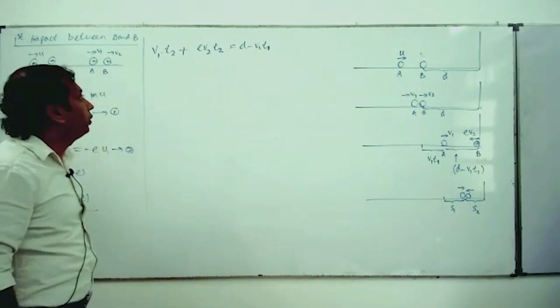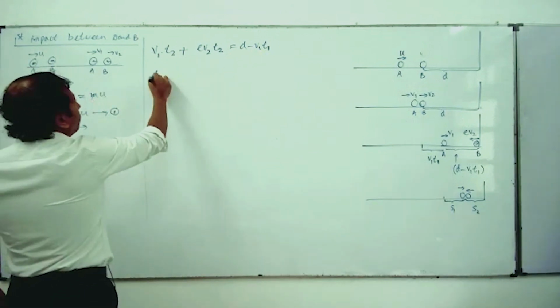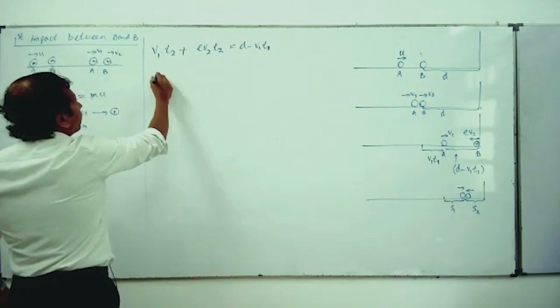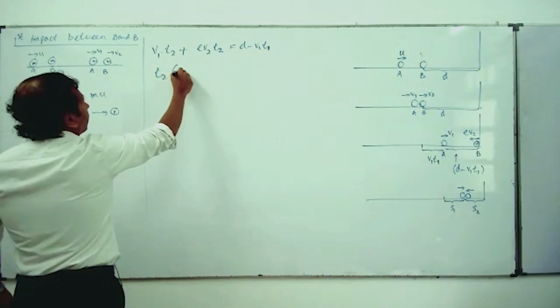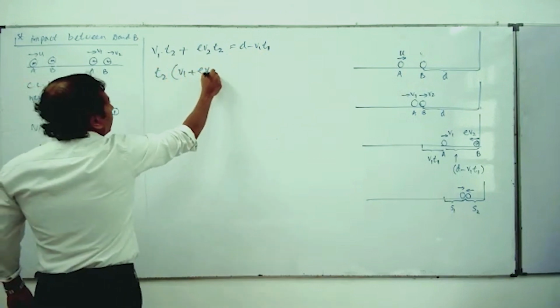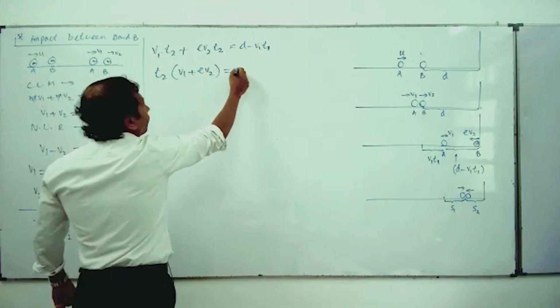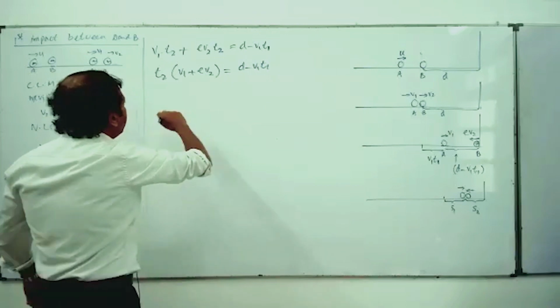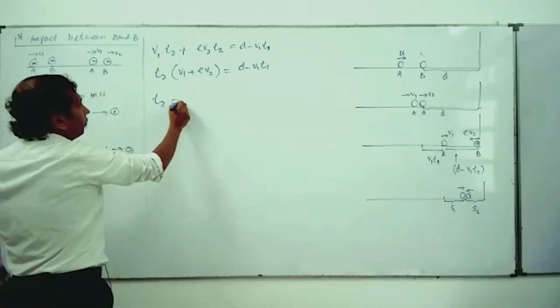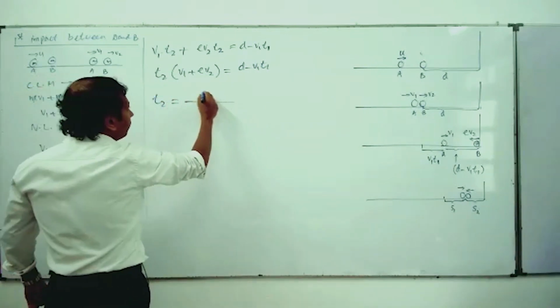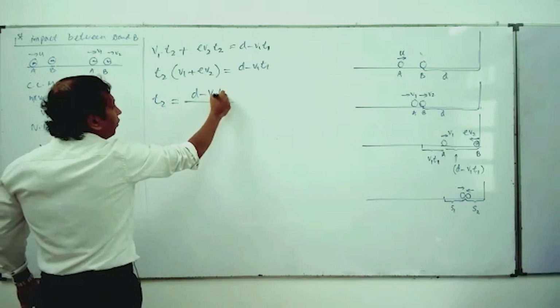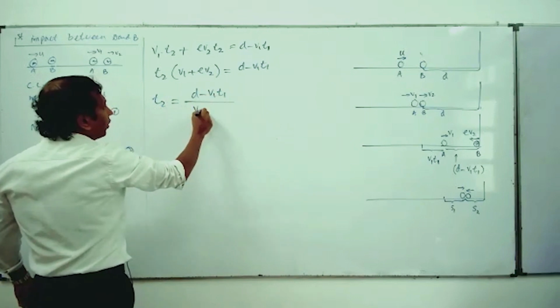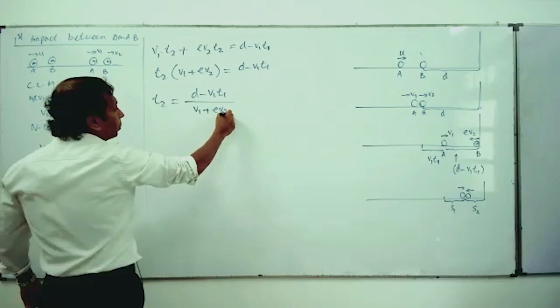We'll find T2 how? V1 plus EV2 times T2 equals D minus V1 T1. Then T2 you can write as D minus V1 T1 divided by V1 plus EV2.